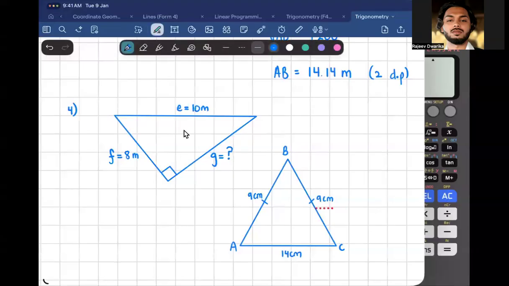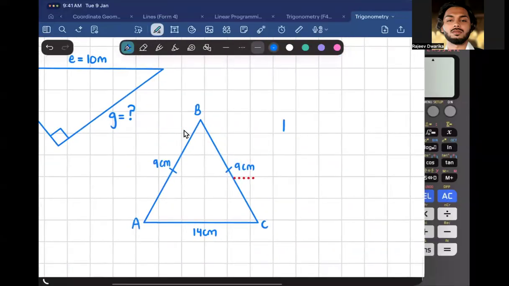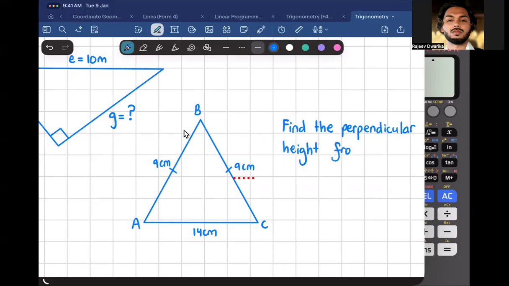Right, so find the perpendicular height.